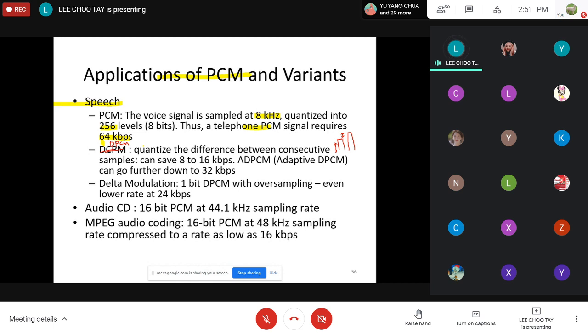With this, we can reduce the bit rate. Why does the bit rate reduce? Because we need a smaller number of bits, since the difference is very small. With fewer bits, we save on our bit rate, so we can lower our bit rate.